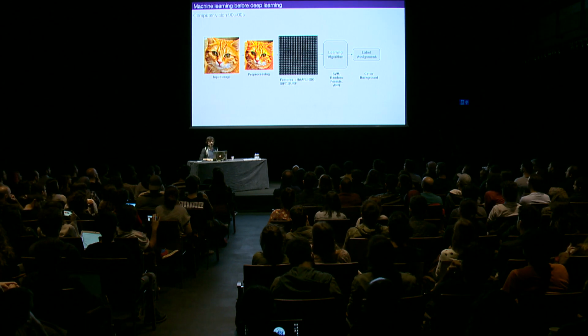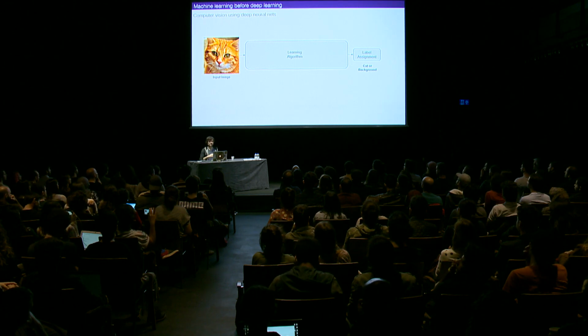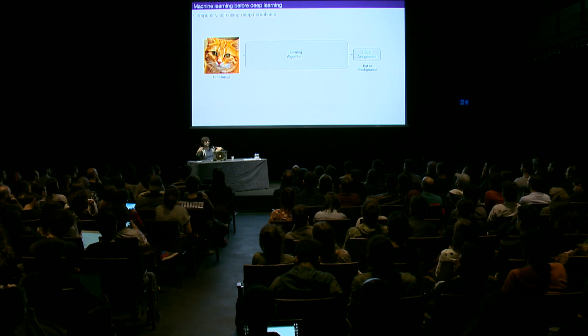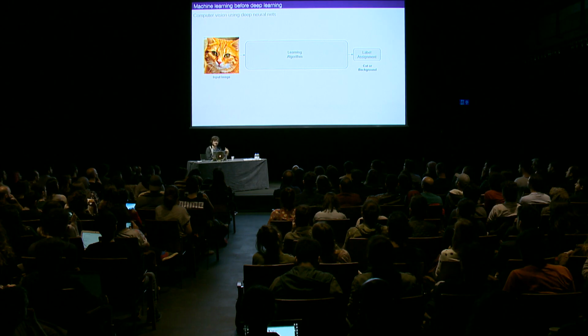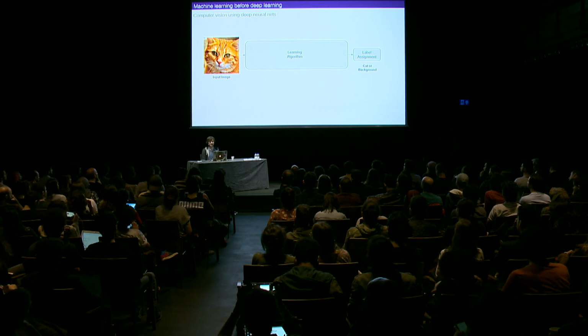And in deep learning, all of this is now inside the learning algorithm. So basically, we have gotten rid of the idea that we have to actually figure out the representation of the image, after the pixels, ourselves. We can have a neural network do it for us in the process of learning how to do the task.